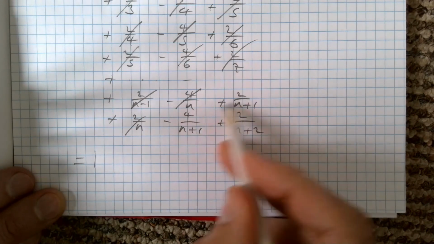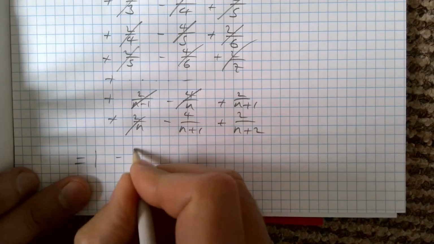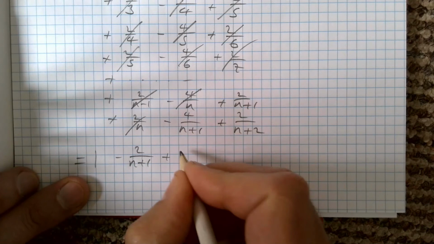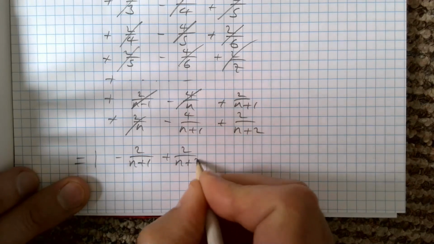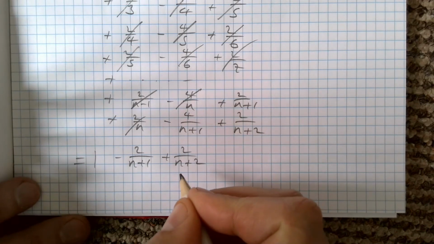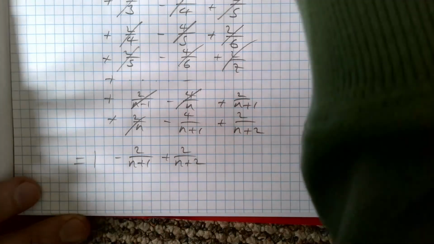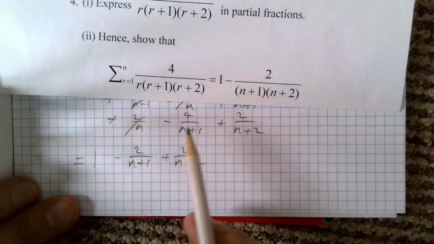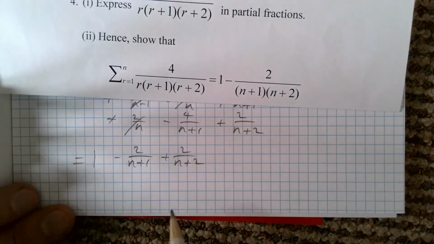So those two are the same denominator, so that's minus 2 over n plus 1 plus 2 over n plus 2. And we're getting pretty close here. We have 1 minus. Here's what we're looking for, if you vaguely remember. And if you set these up then as a common denominator, you'll see how it works out for us.